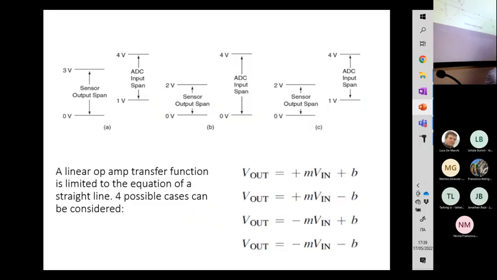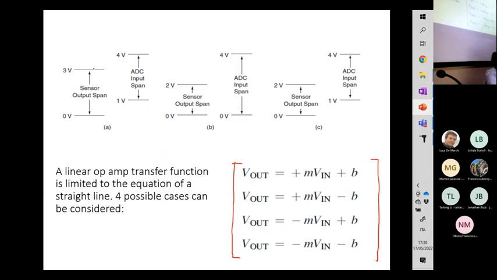So we indeed have multiple combinations, actually 4 combinations. So M positive and B positive, M positive and B negative, and all the remaining combinations.